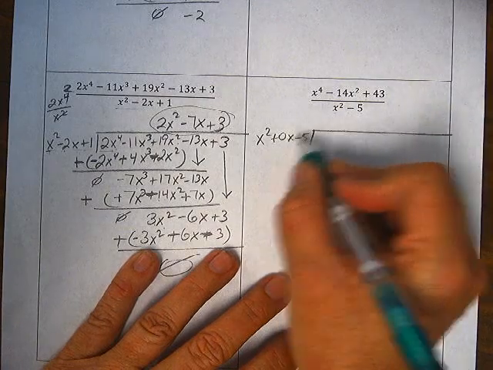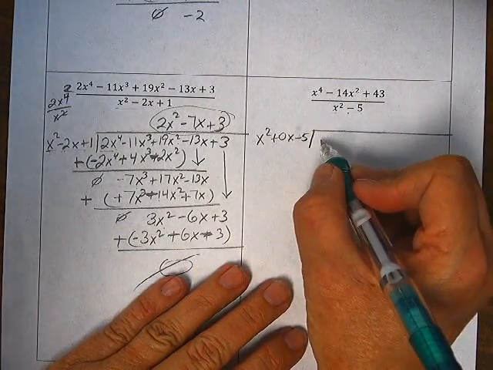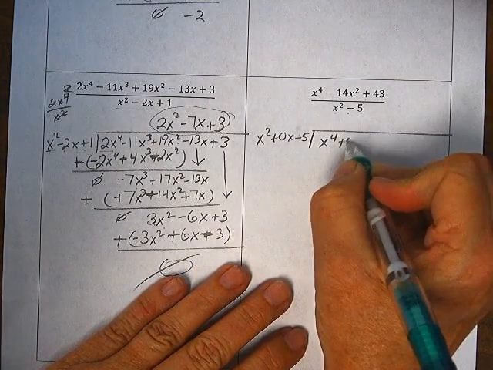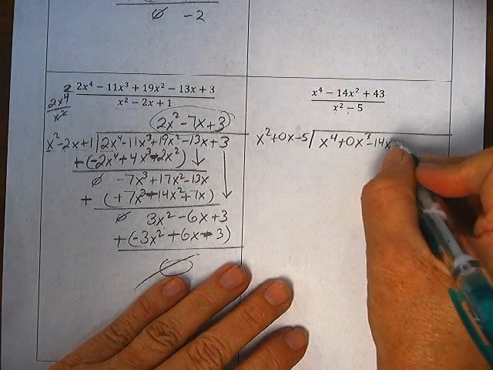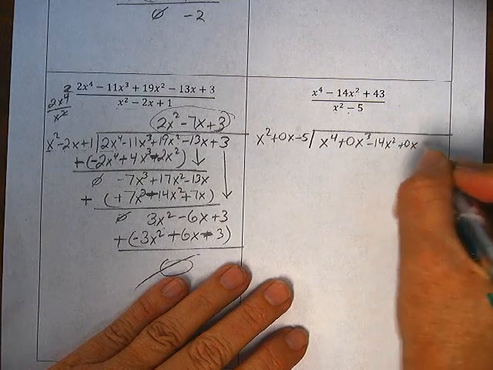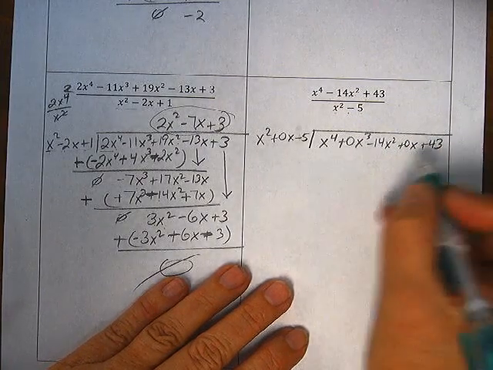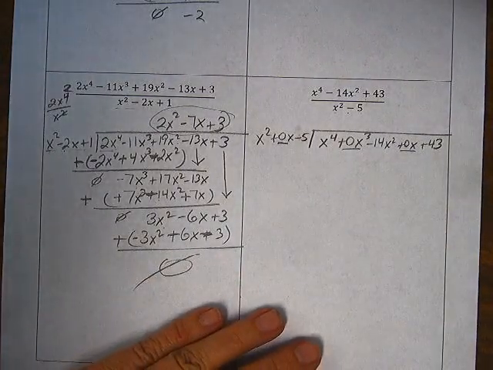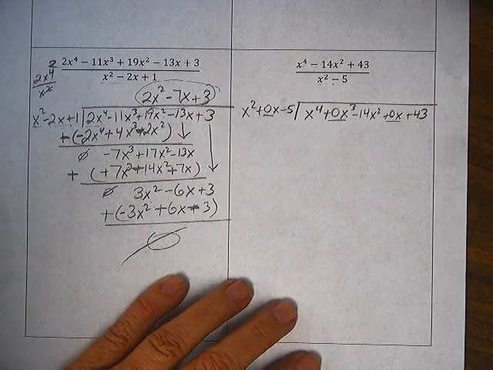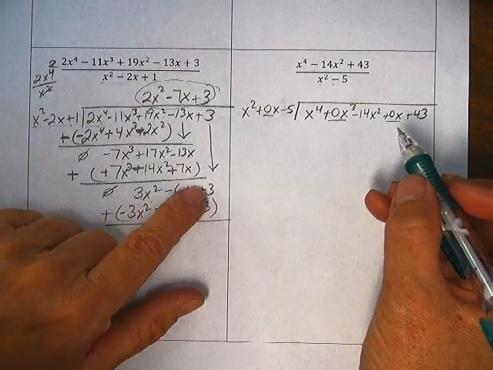So again, I've put in the placeholder that's missing here: x to the fourth plus 0x cubed minus 14x squared plus 0x plus 43. So I'm just underlining my placeholders. It just helps us keep track of everything. But we're still going to approach the problem the same way.